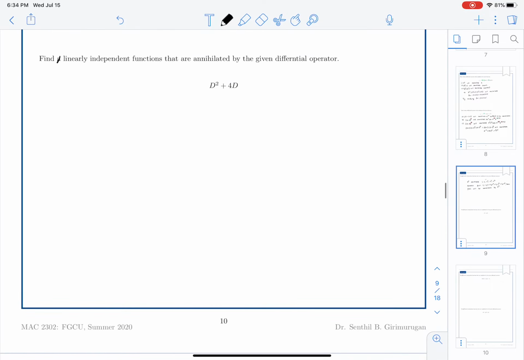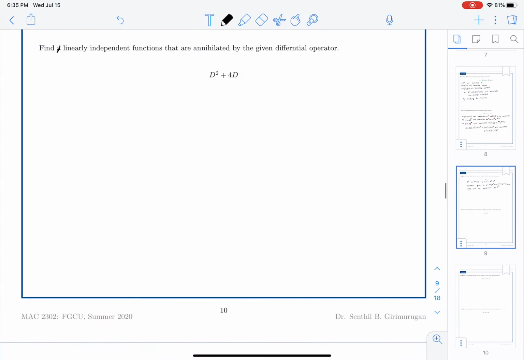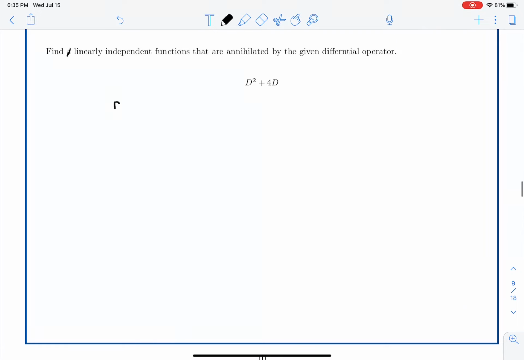Now here we want to find a set of linearly independent functions that are annihilated by the differential operator D squared plus 4D. The first step is to factor. If I pull D out, I have D times D plus 4.